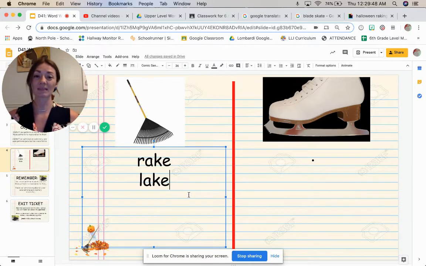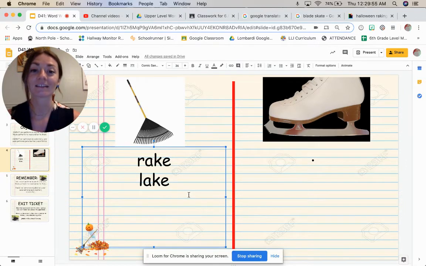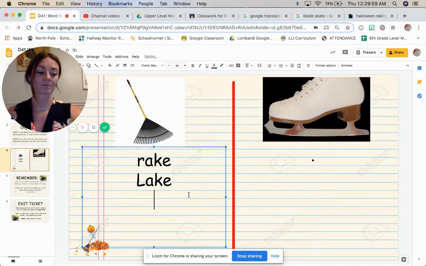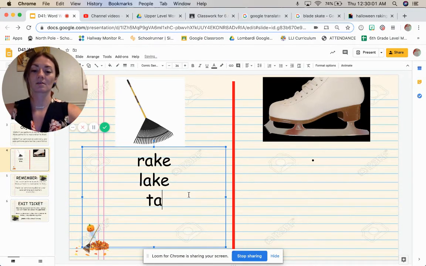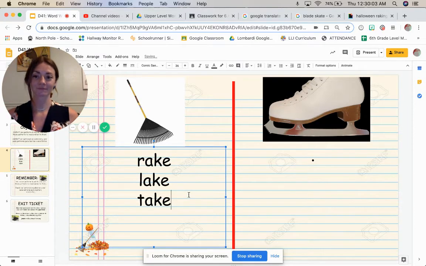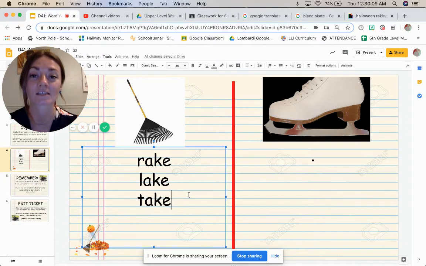Can anyone read me that word? Great. Lake. Awesome job. Let's try another one. Good. If we change our beginning sound, we know that the T makes the t sound.